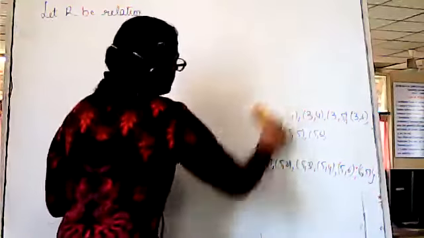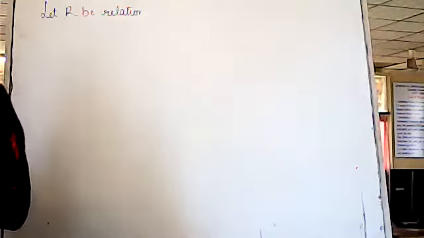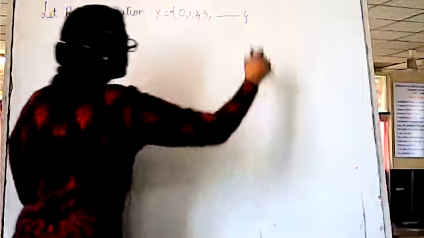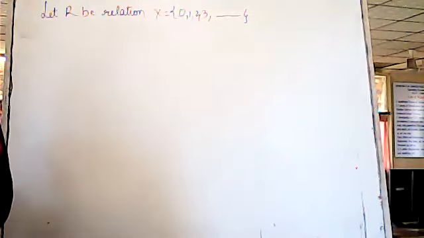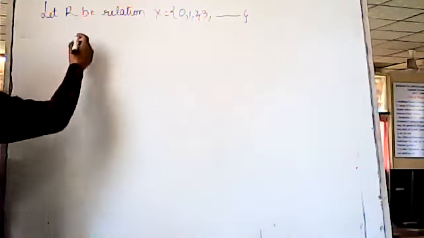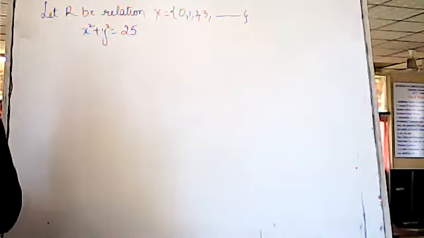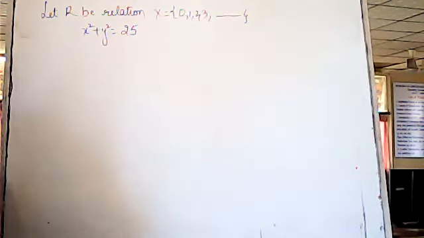Let R be the relation on the set X equals to 0, 1, 2, 3 and so on, of non-negative integers, defined by the equation x square plus y square is equals to 25. Write R as the set of ordered pairs.